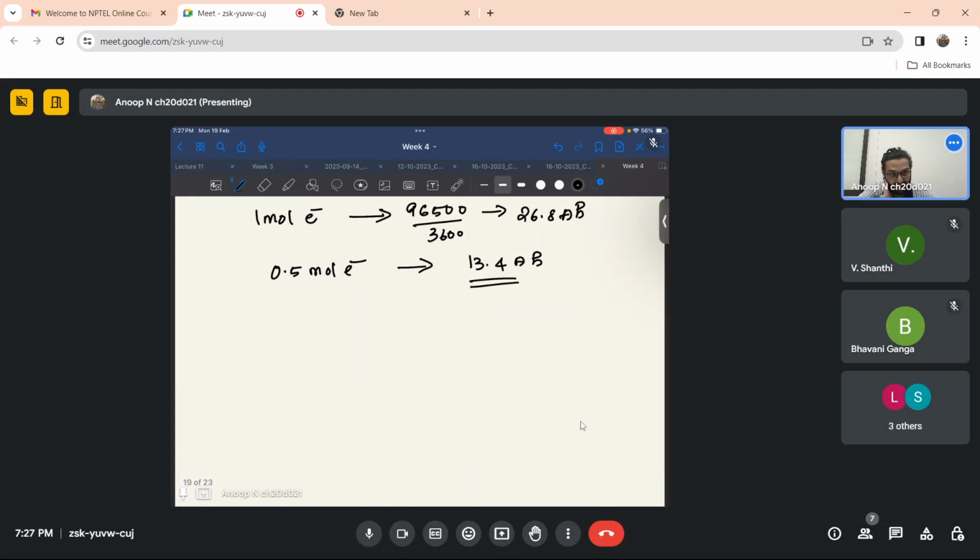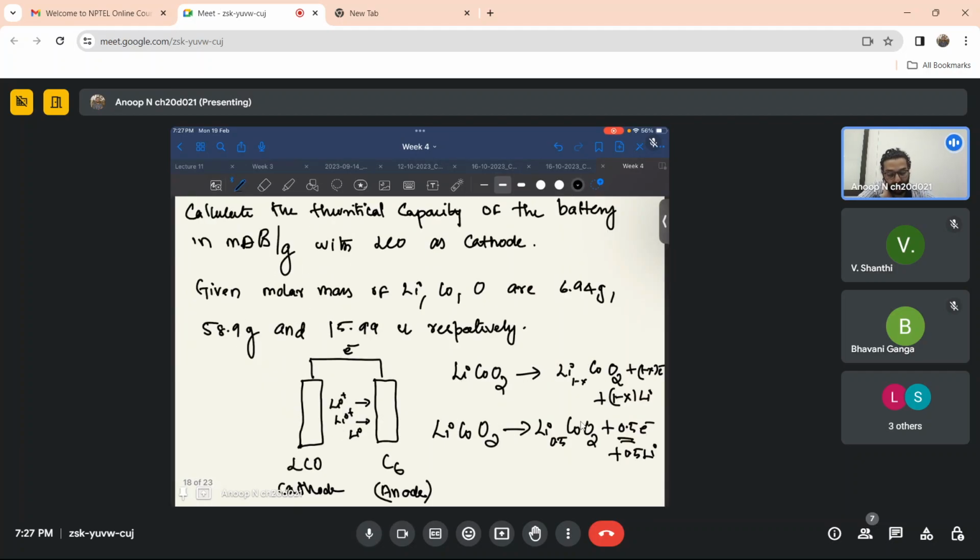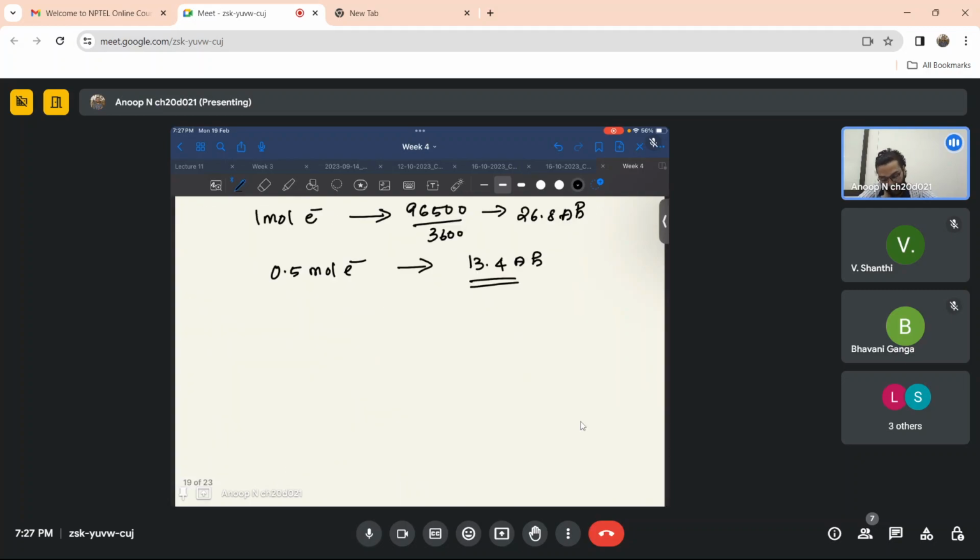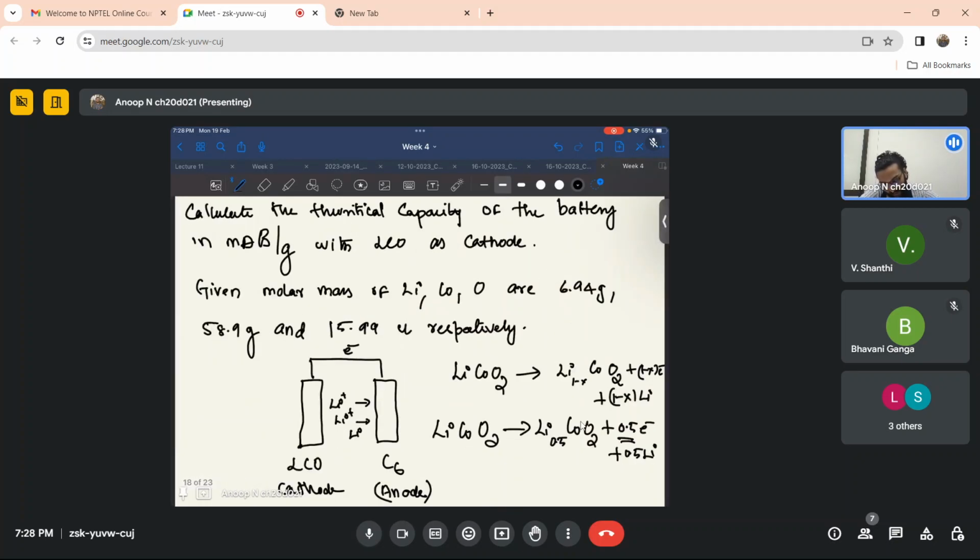Clear, right? So in real work, we represent it as a function of the mass of cathode material used. That's why we ask what is the capacity in milliampere hour per gram. So how will we calculate that quantity? We'll calculate the molecular weight of LiCoO2. For that, the molar mass of lithium is given, cobalt is given, and oxygen is given.